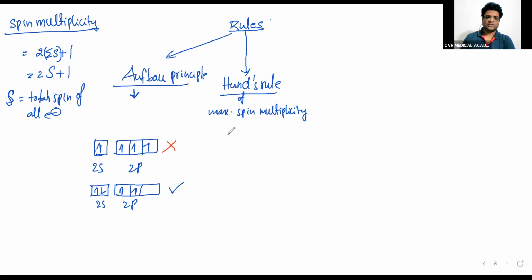Pairing of electrons in degenerate orbitals should occur only after all of them are half filled.